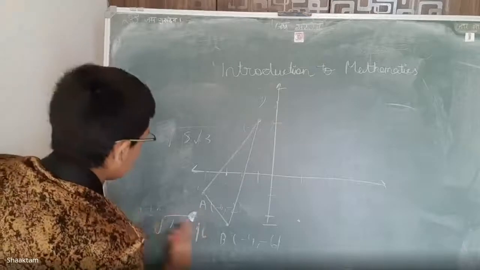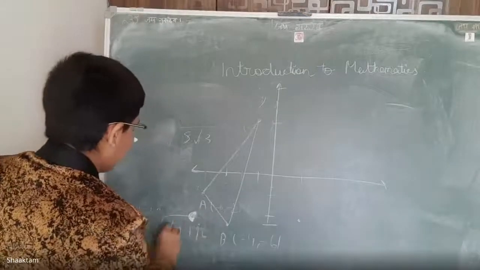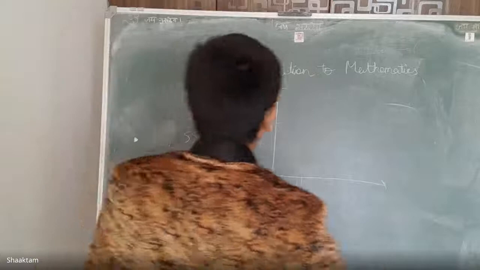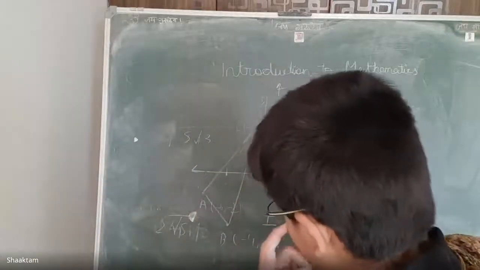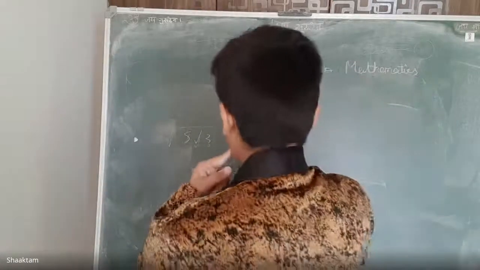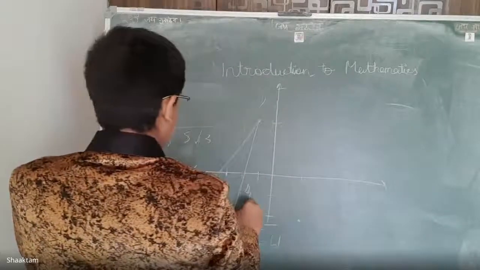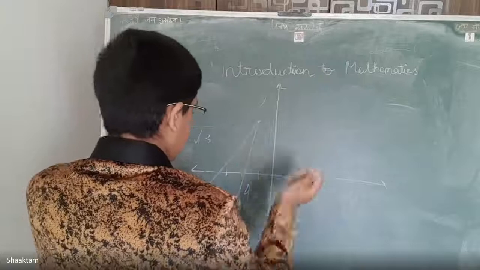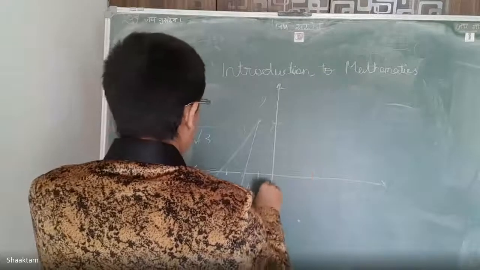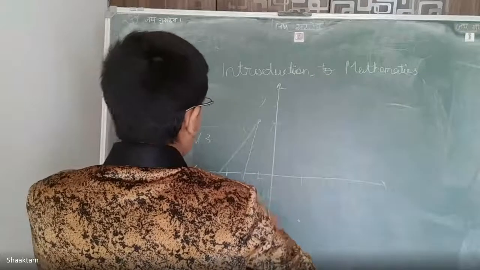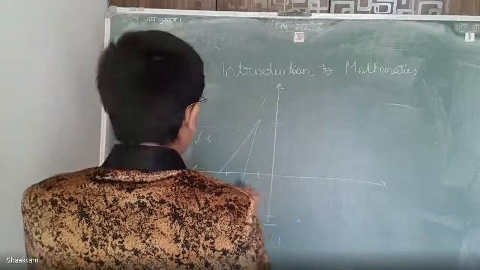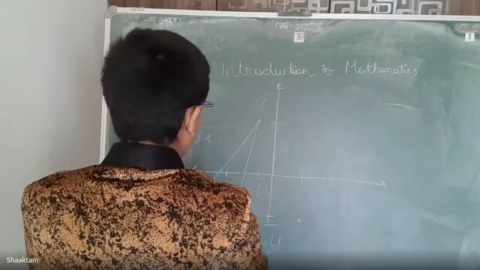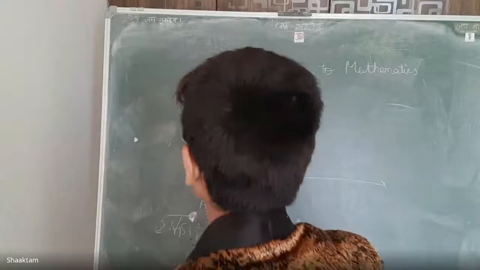Root, and this will get you 2 root 5, right? 2 root 5 this way. And then minus 2 comma 5 and minus 4 comma minus 6. So minus 4 minus 2 you will get 4 as the square. And minus 6, 5 you will get 11, 121. You will get root of 125, which will be 5 root 3. Okay, so we have an isosceles triangle over here.